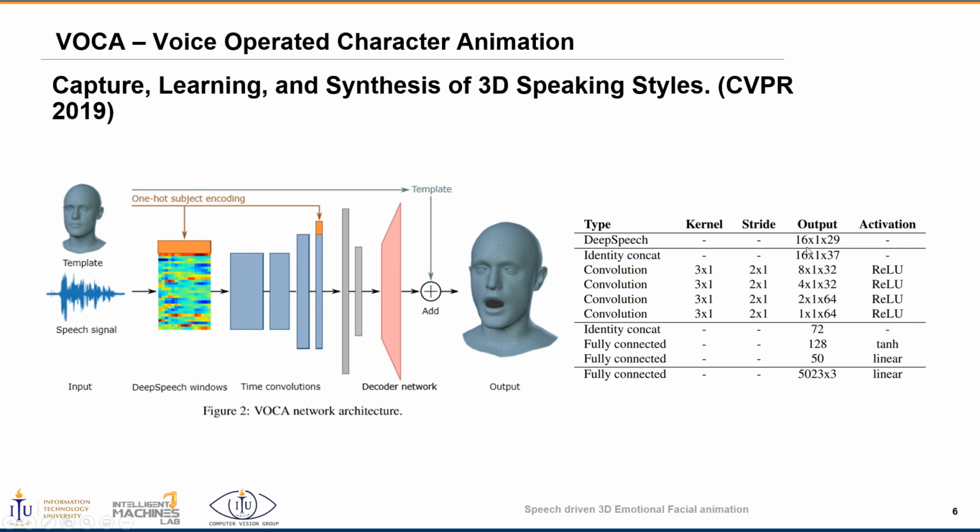After passing to DeepSpeech, we get 29 character probabilities, and then we add one-hot subject encodings. We have 8 subjects, so the dimension increases to 37, and then we pass it through a set of convolutions. The convolution is applied on the time axis, which is the window axis, and it's a strided convolution, because the stride is not unit.